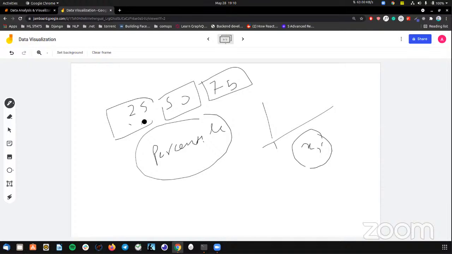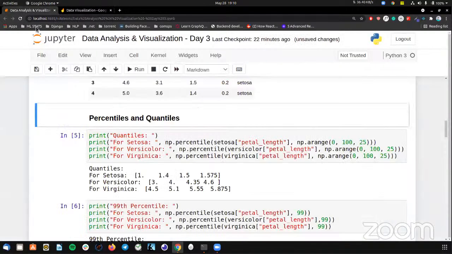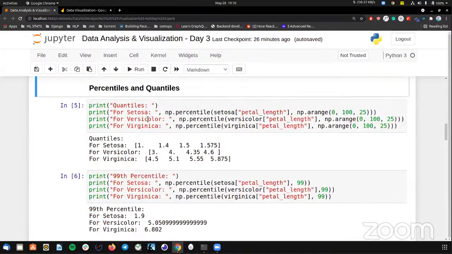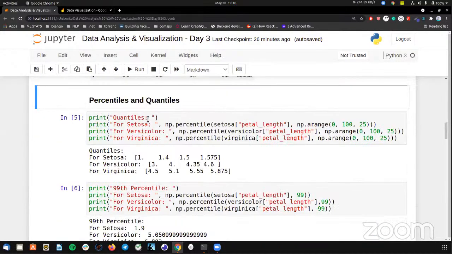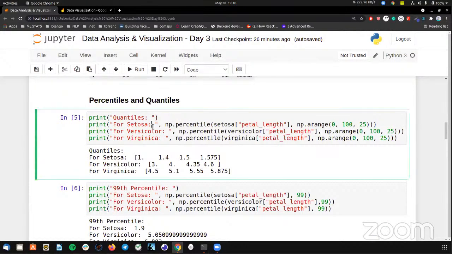Okay, so let's see that in action with the code. So this is percentiles and this is quantiles. Again, I am using np.percentile here, and for Setosa, I am inclined toward petal length.